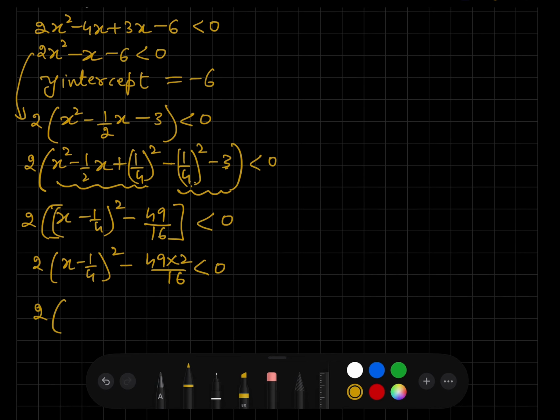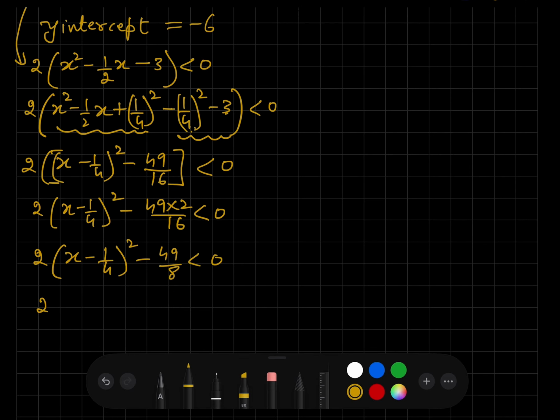So I can say my parabola is 2 times (x minus 1 by 4) whole squared minus 49 by 8. Let us write in decimals: (x minus 0.25) whole squared and minus 6.125, since 8 6s are 48.